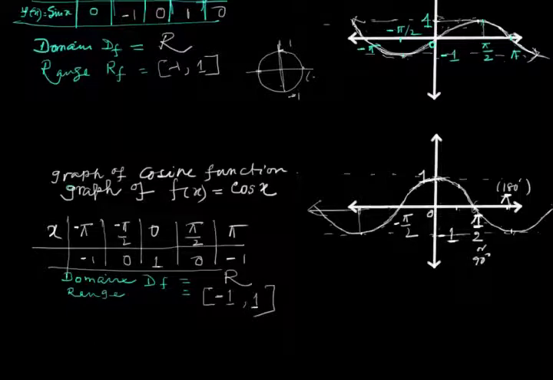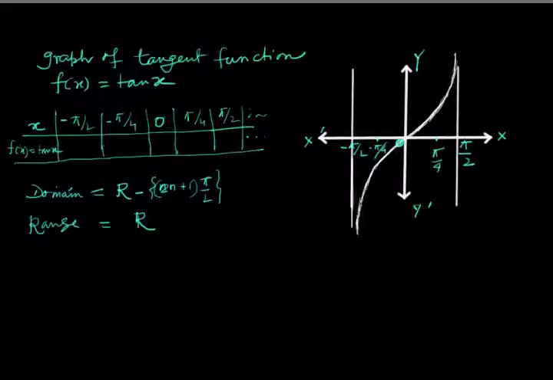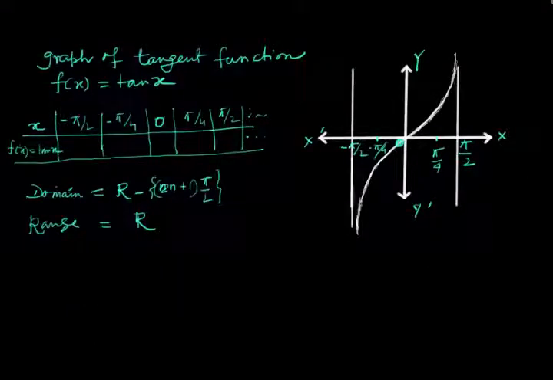Now look at the tangent function. In the graph of the tangent function, f(x) equals tan x. At 0 the value is 0, at pi by 4 it is 1, and at minus pi by 4 it is minus 1.